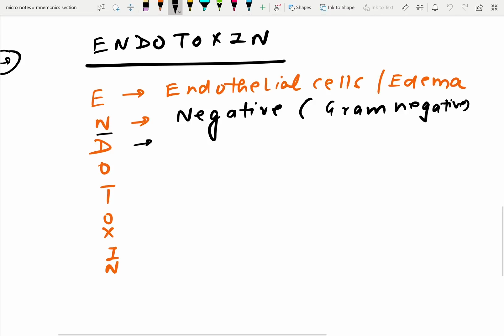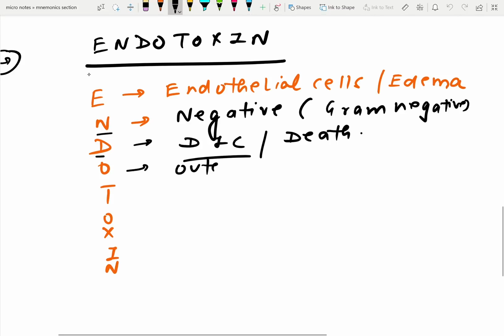And D, this endotoxin action associates with what? DIC. And what is DIC? Disseminated intravascular coagulation. Okay. And obviously it can cause endotoxic shock and all and lead to death. Fine. Then it associates with what?